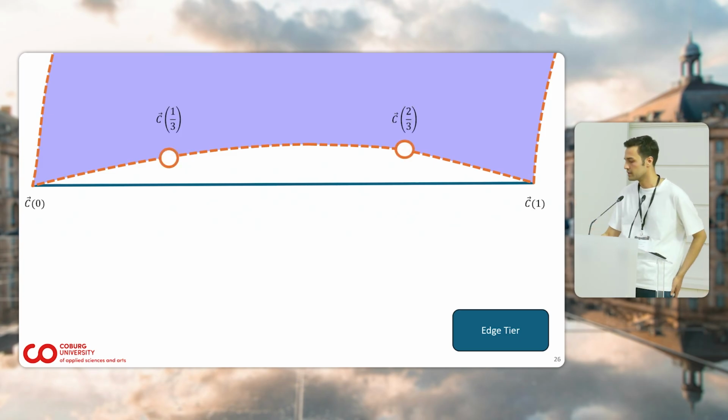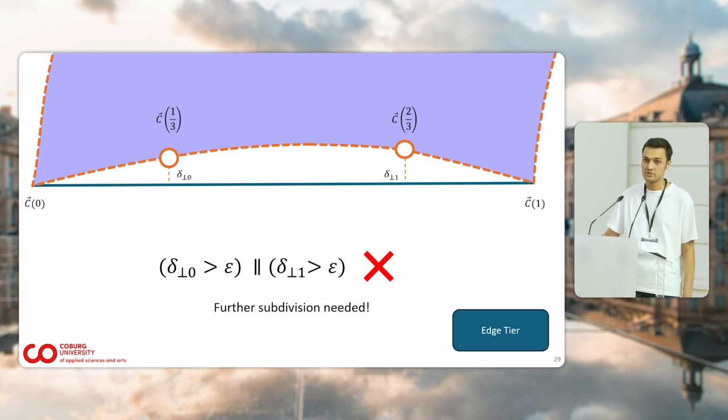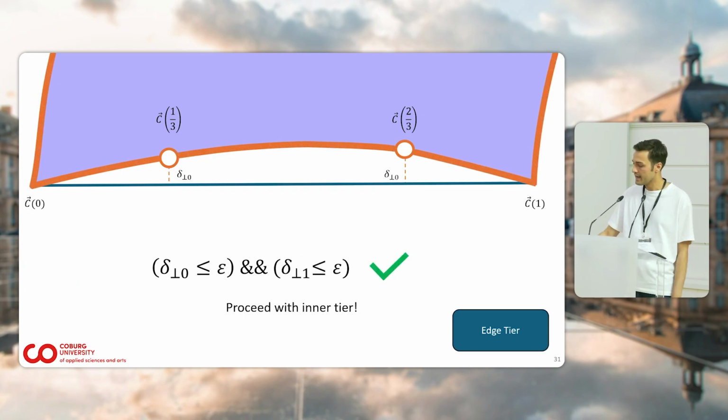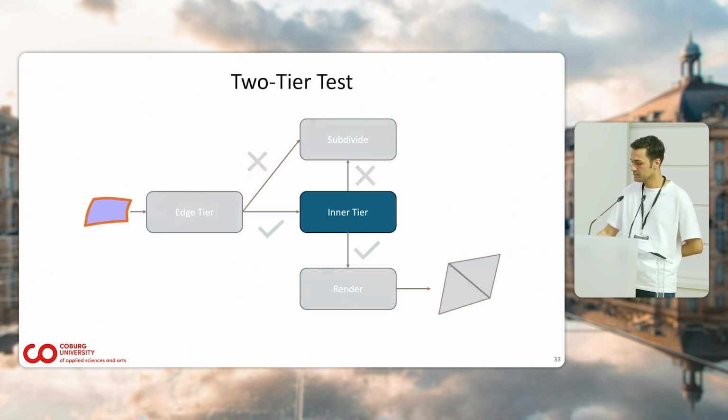They are the inner control points, or Bézier points, of the cubic Bézier curve, and then we compute the orthogonal distance to the line. If these distances are larger than a threshold, we say we have to subdivide. If it's not the case, it's time to proceed with the inner tier. Now we're done with the HDR, and we can proceed with the inner tier.